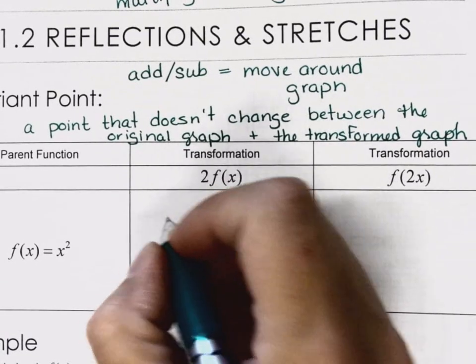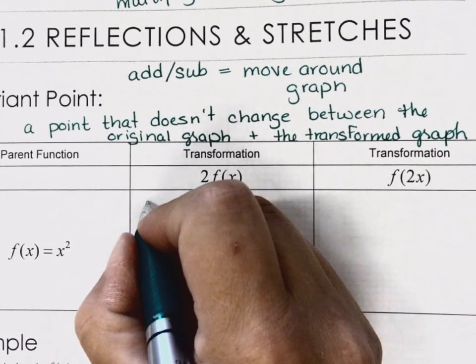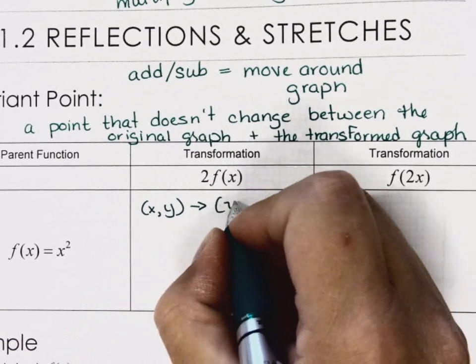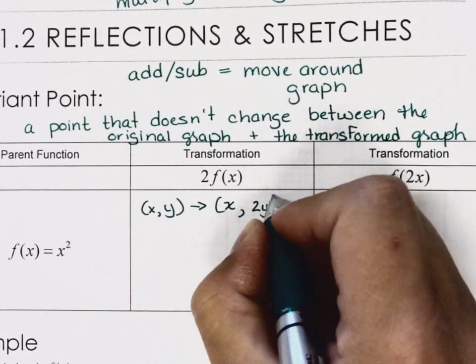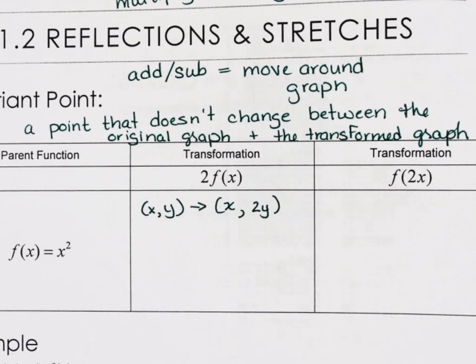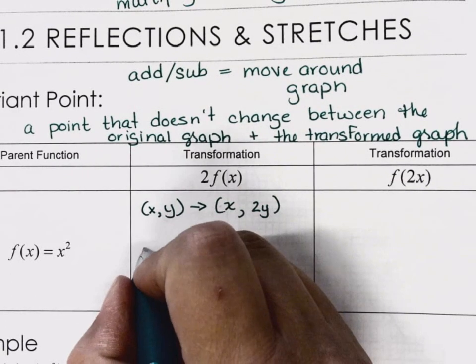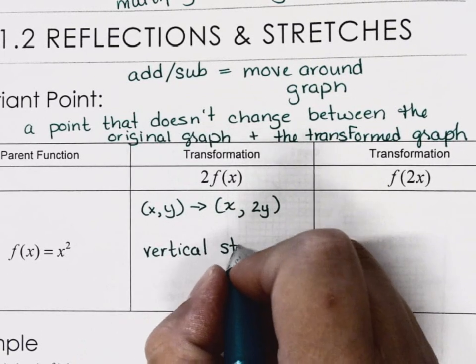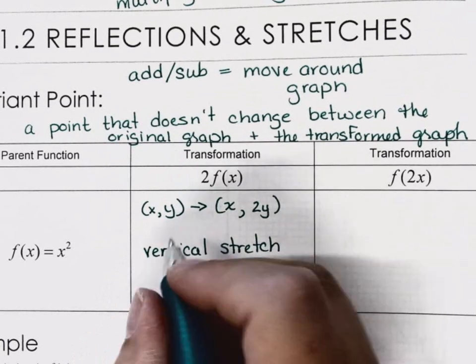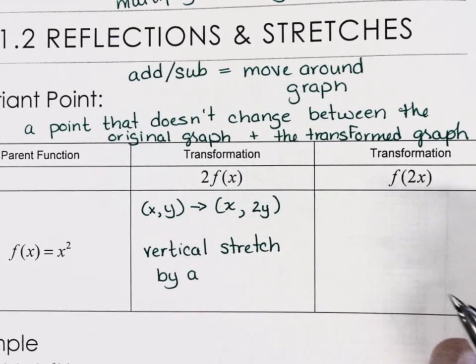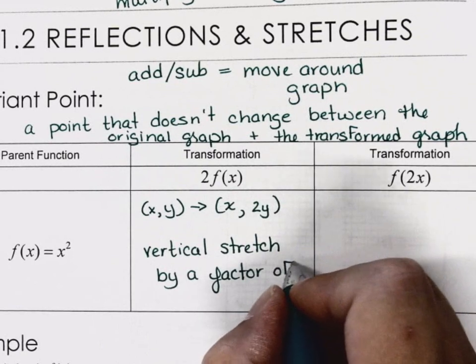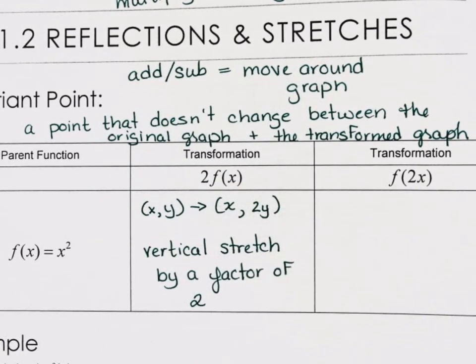So the math that we're going to do here, let's do a mapping rule, because those are awesome. So that would be the mapping rule that we do. Like, that would be the actual math that we do. So you would have a vertical stretch by a factor of 2.